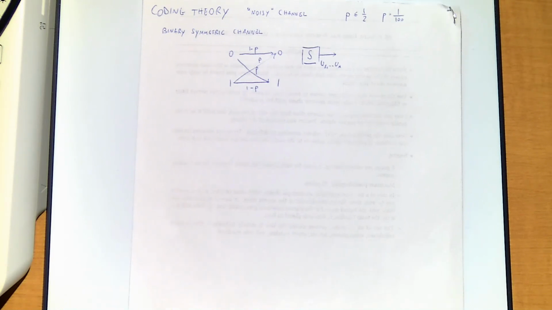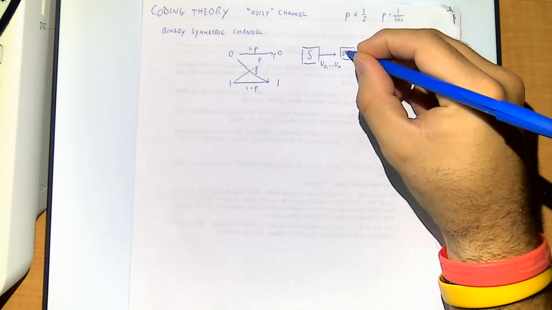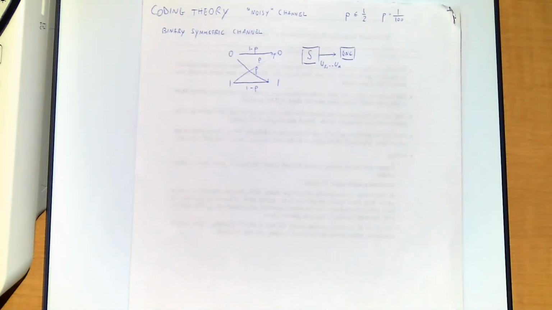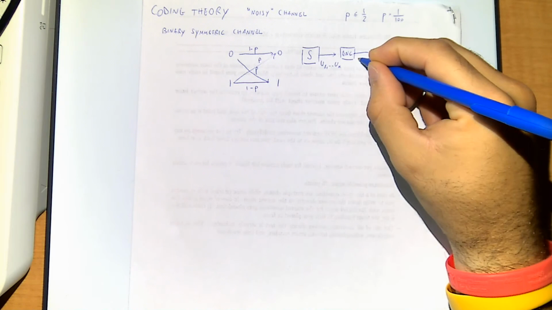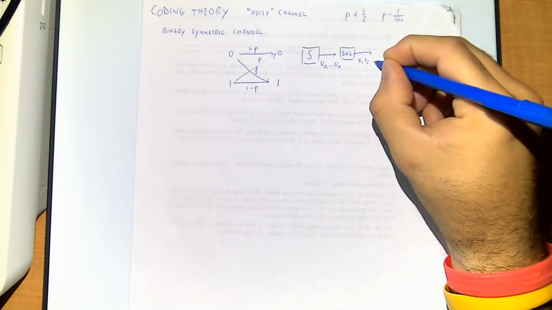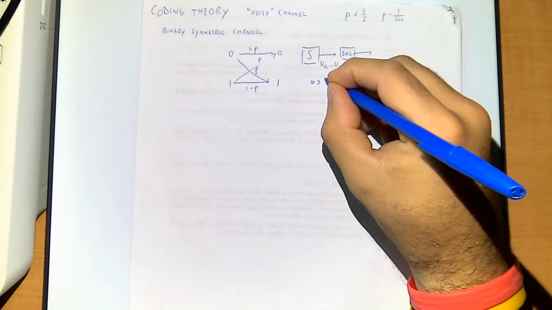Well, the first idea is to add some protection and to expand with some redundancy, right? So you feed your message through an encoder, and your message gets transformed into x1, x2, up to xn, where n is greater or equal than k.